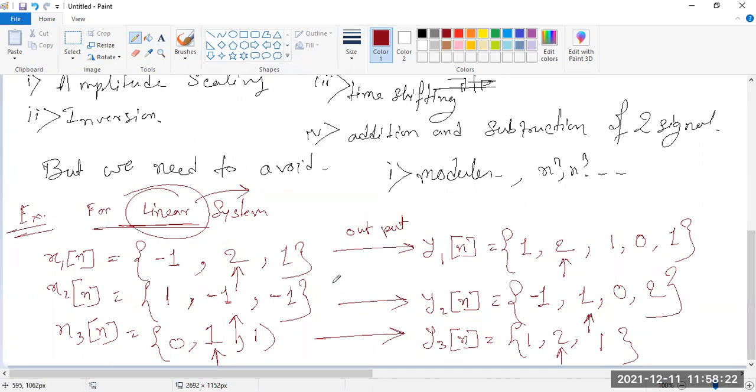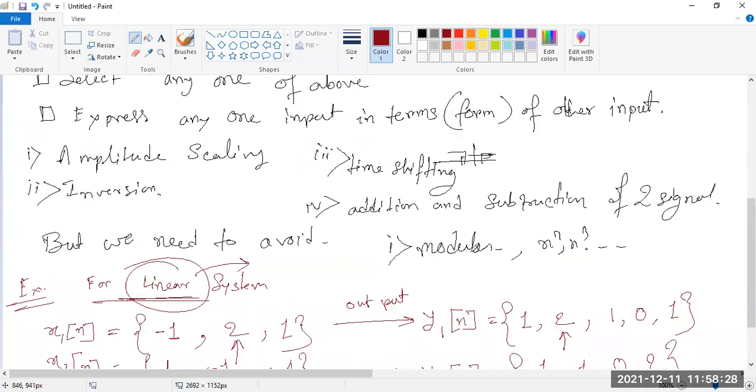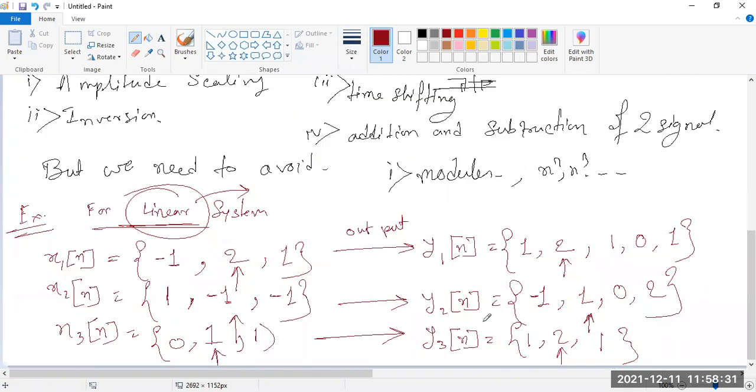This is your statement, but we have to check whether this system is LTI or not.